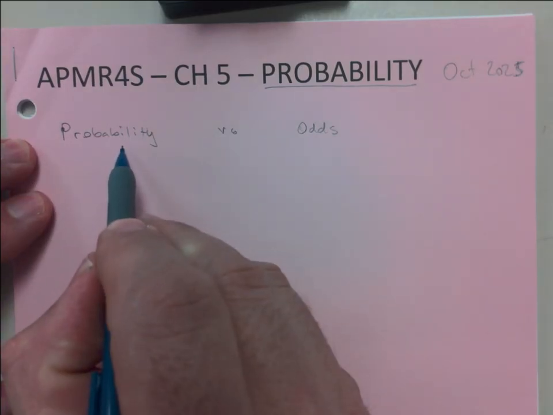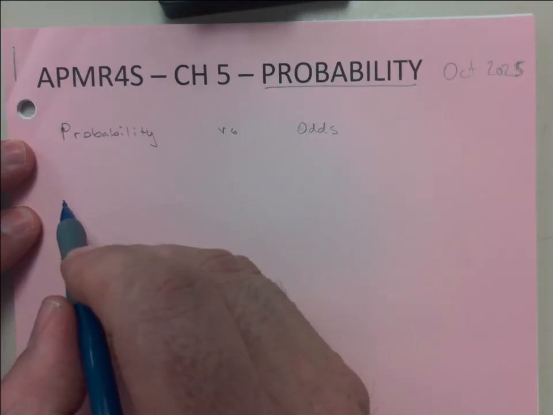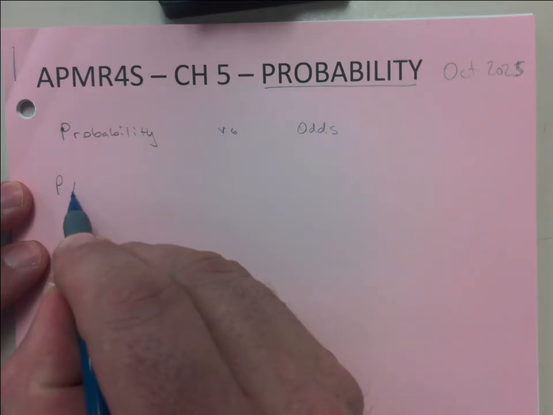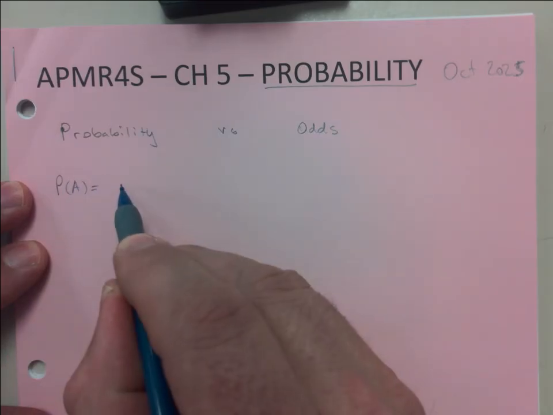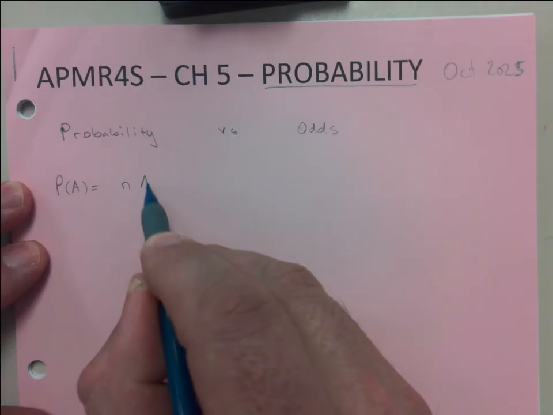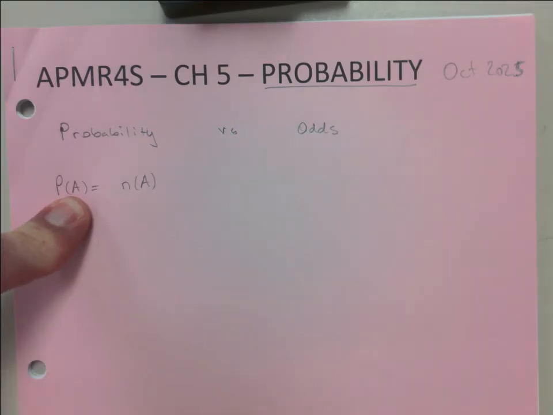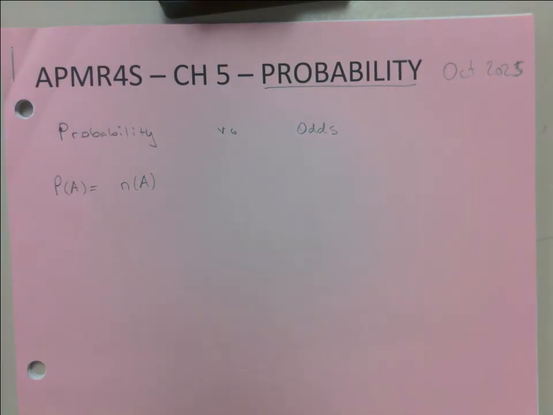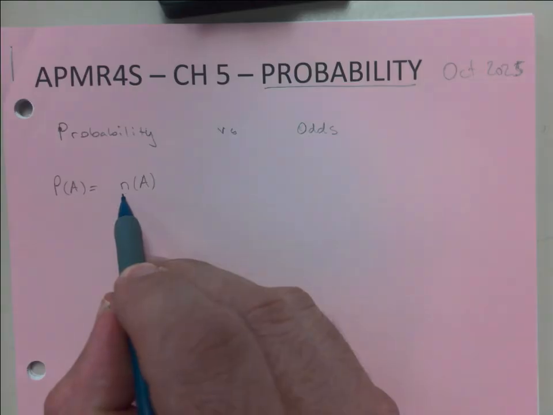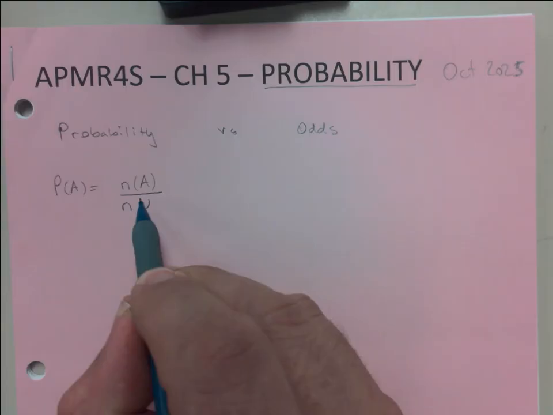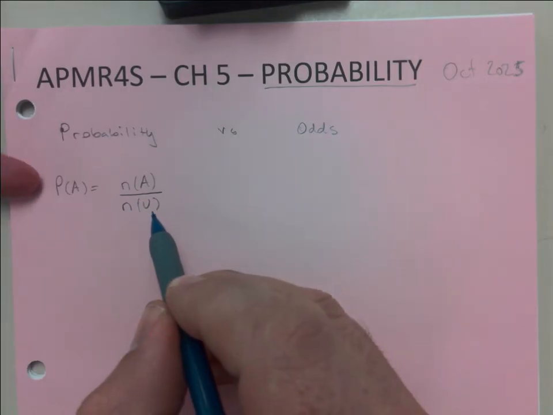But probability, when we put it together, is the number of preferred events that we're trying to accomplish, so it could be raining or drawing a red card or you name it, divided by the total possible ways, the universal.